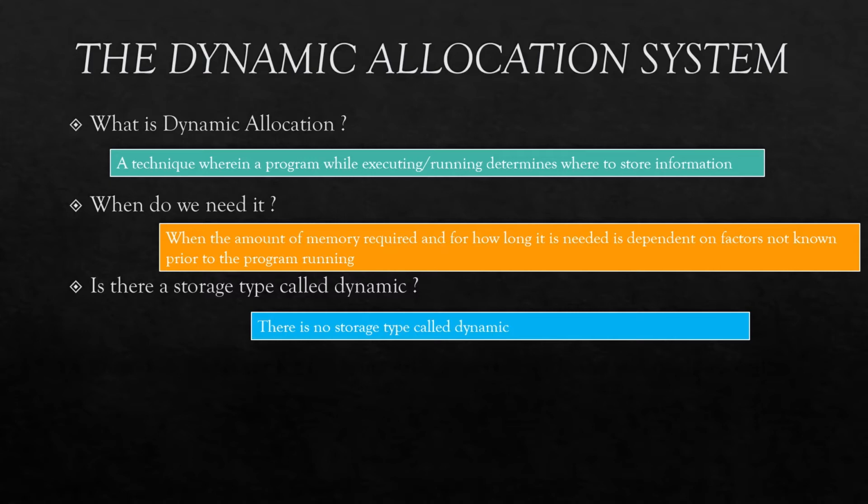And the only method we can use to access the values that are stored in memory spaces that are dynamically allocated is through the use of pointers. So we can never have a case of a variable in C whose value we can take and store in a dynamically allocated space.